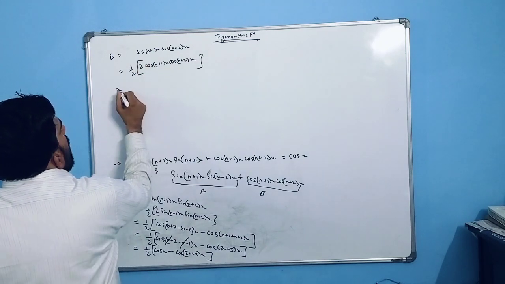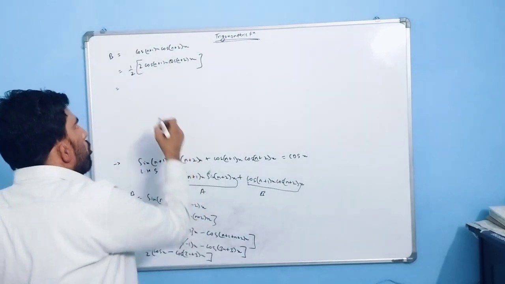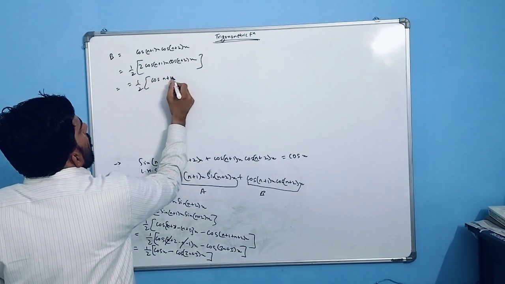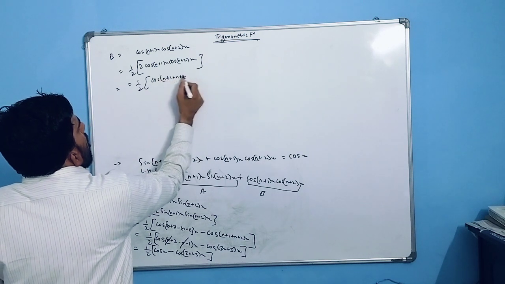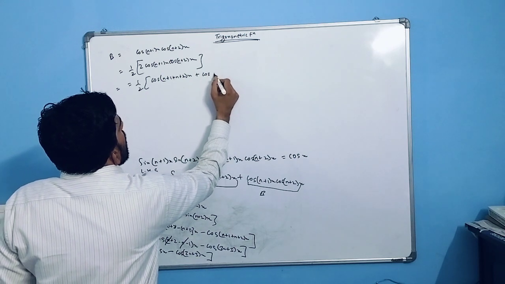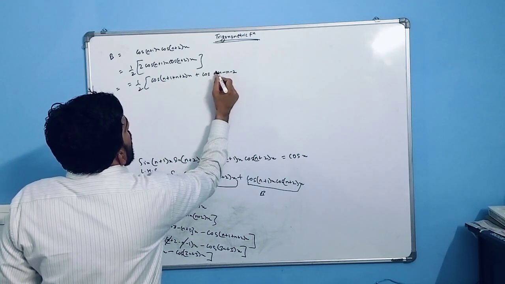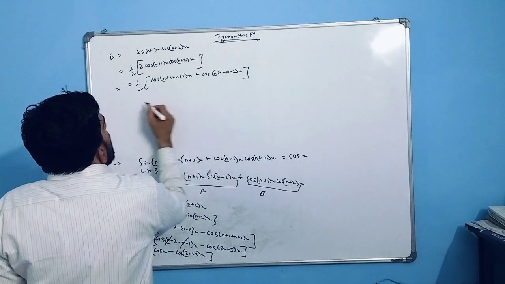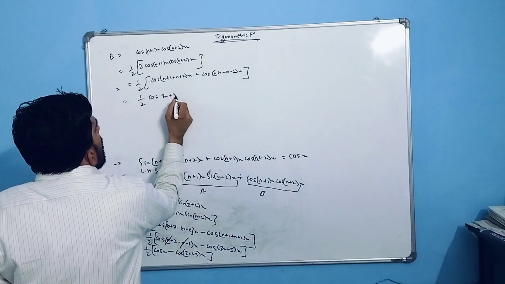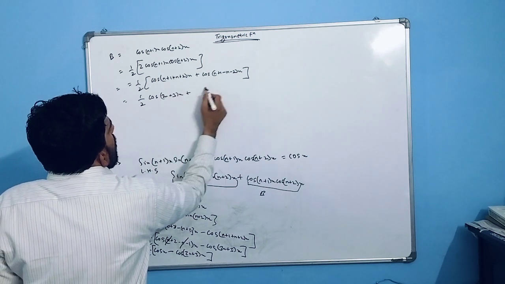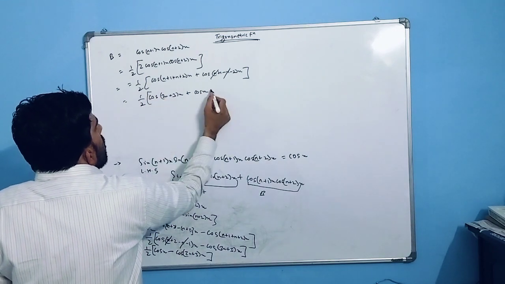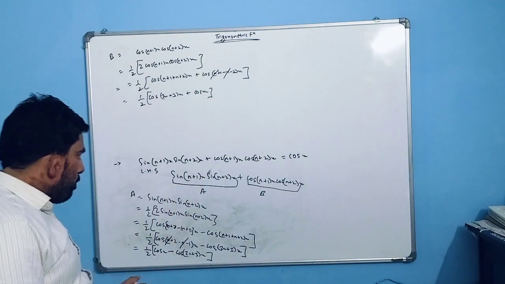Now it becomes the formula 2 cos x cos y, that is cos (x plus y) plus cos (x minus y). So now I have solved both.